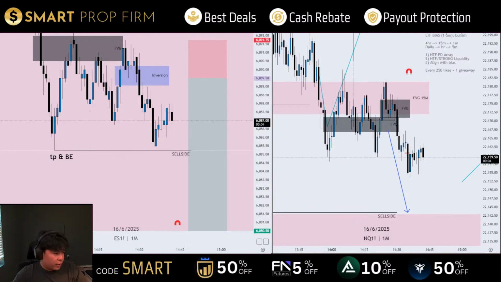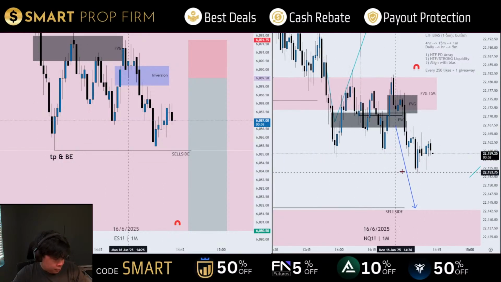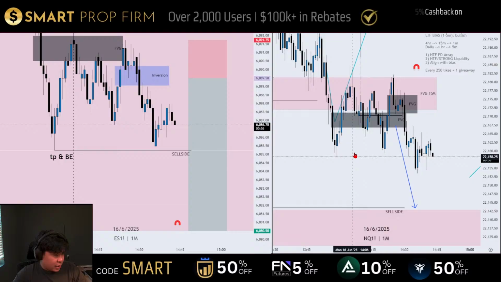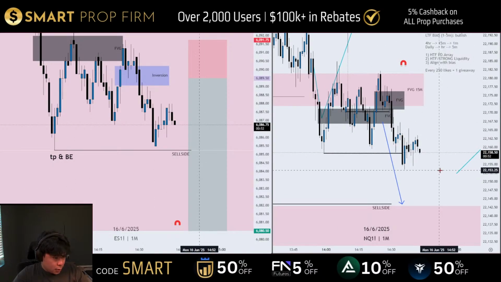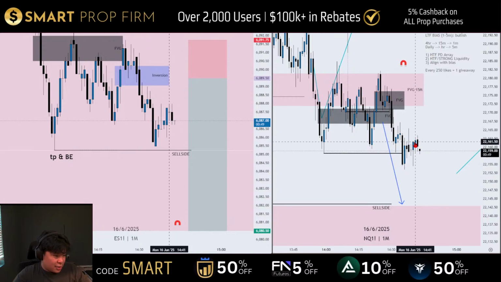I think both of them are moving kind of weak right now, but I think NQ is leaning a little bit weaker to me. We even took out this low before ES did. All right. So just capturing the moment where NQ flushes would be pretty good too.